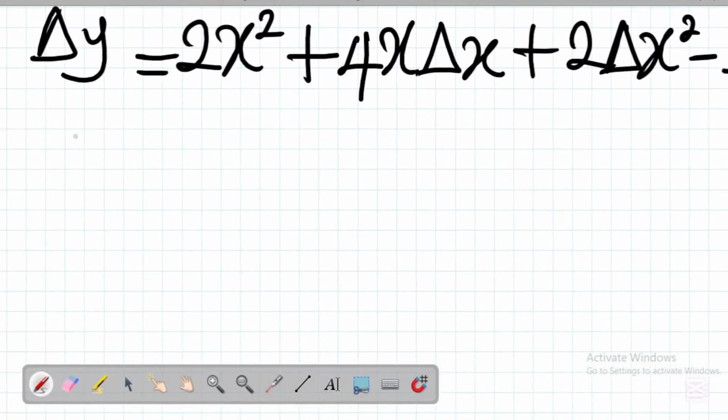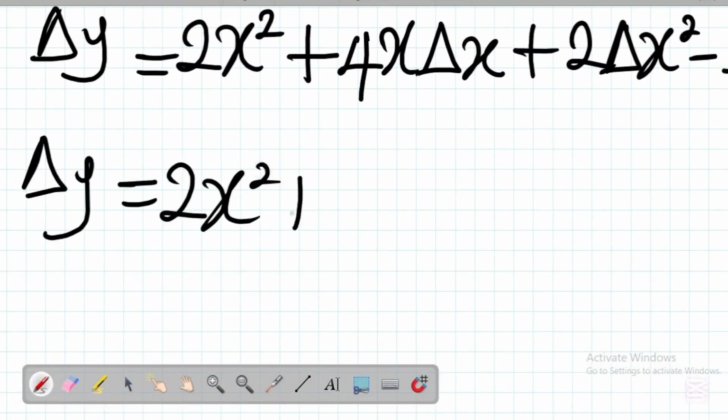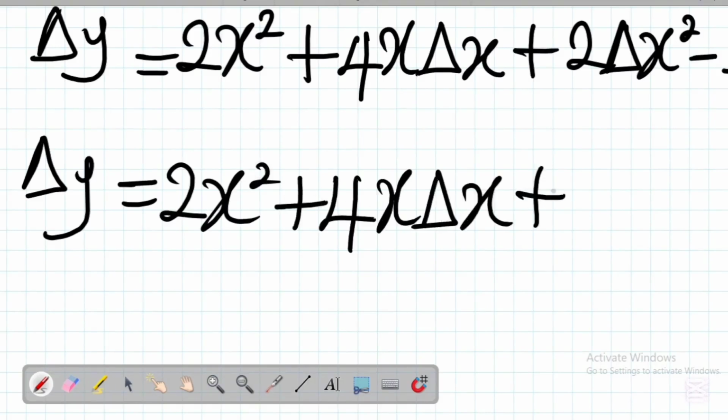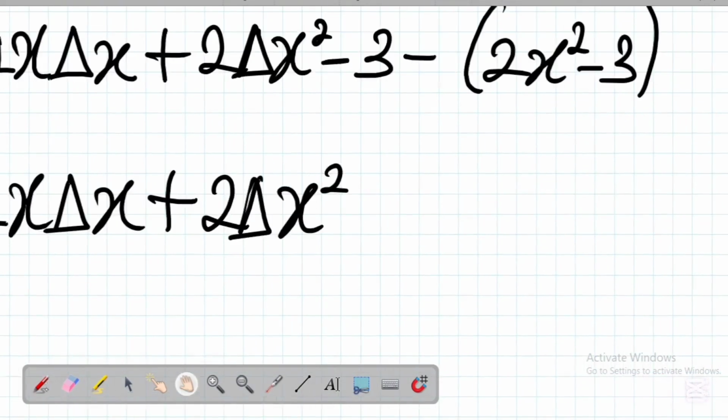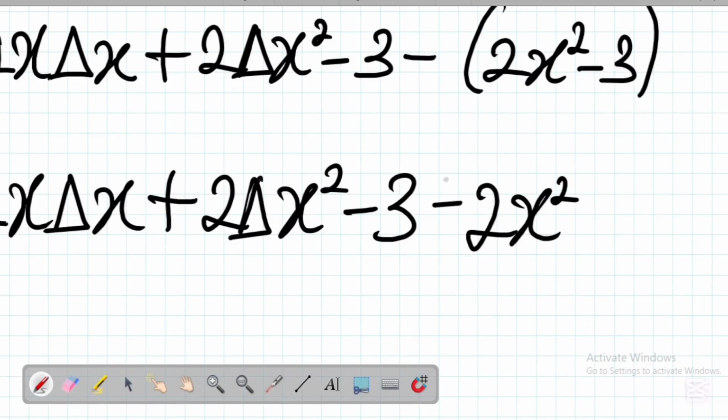So if we simplify further, we would have changing y equals 2x squared plus 4x changing x plus 2 changing x squared minus 3. So minus times 2x squared gives us minus 2x squared. Minus times negative 3 gives us positive 3.